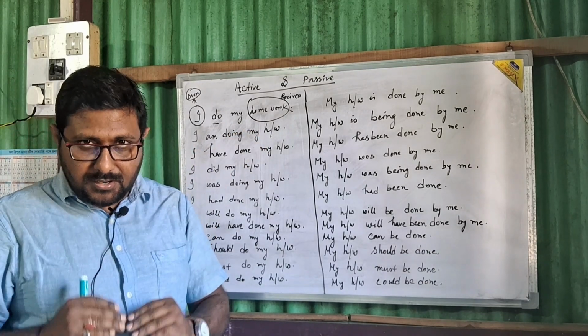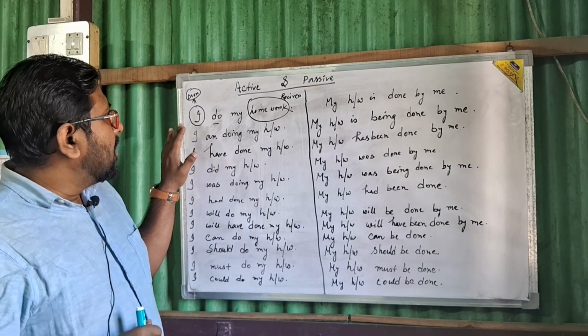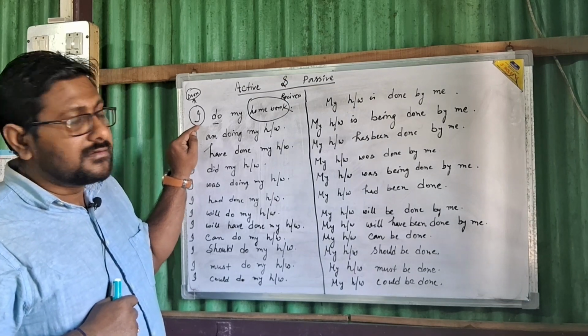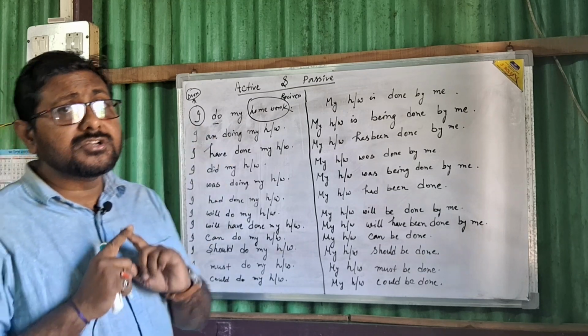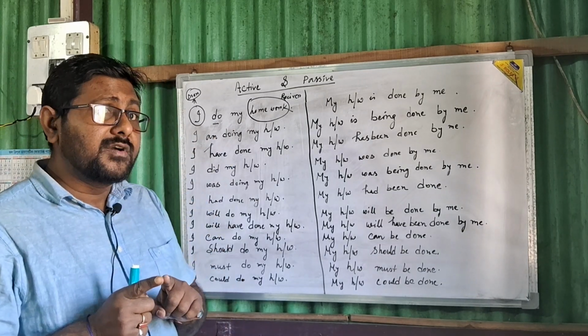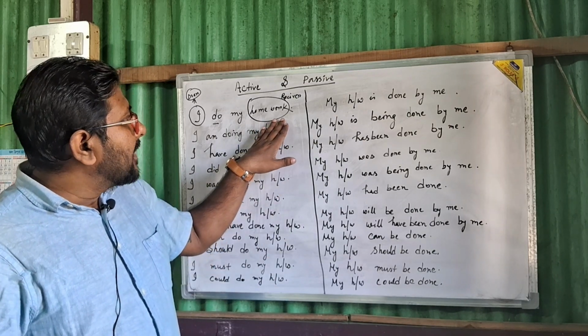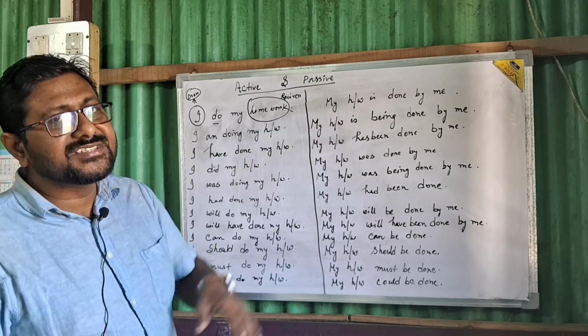If we are clear till here, let's go to the passive voice and how we can change it. And we have to keep one thing in mind, which is what tense it is in. I understand everyone is clear that it is in simple present tense. So I cannot change the tense. Keeping the same tense, I'll have to make it passive. So active voice's object becomes passive voice's subject.